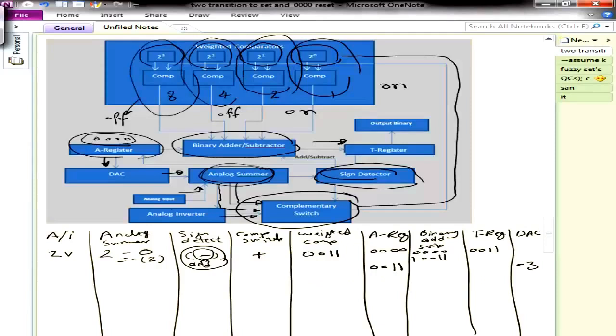This input feeds to the analog summer, and the analog summer adds this to the input, 2 plus -3, and gives an inversion to the output, so -1 becomes 1. The output of the analog summer is 1. The sign detector detects that the output is positive, so the next operation is subtract.